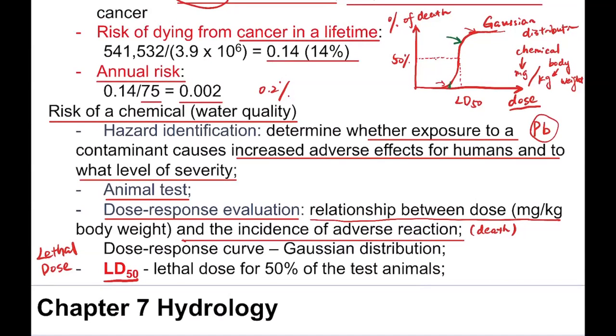Let's say here all the animals are dead, this is 100%. So LD50 is the amount of dose that caused 50% of the deaths.